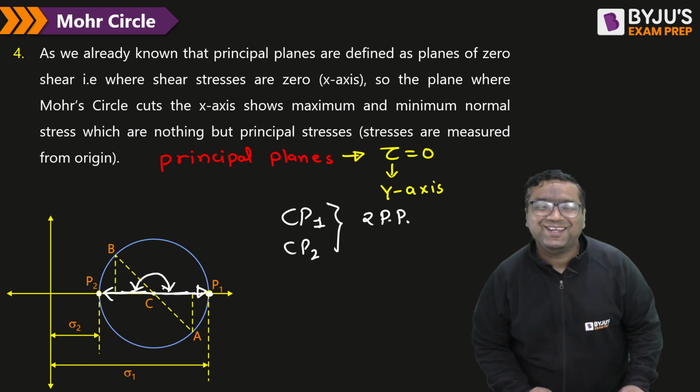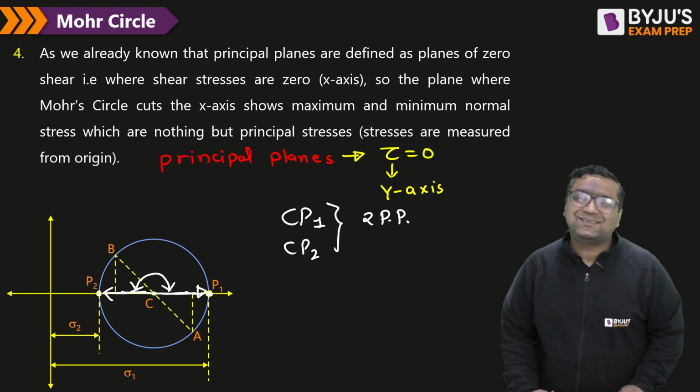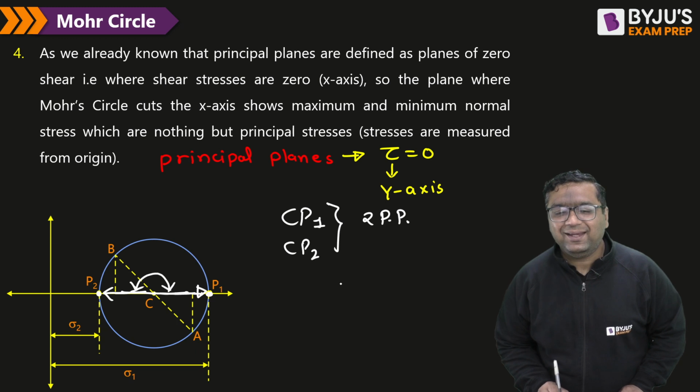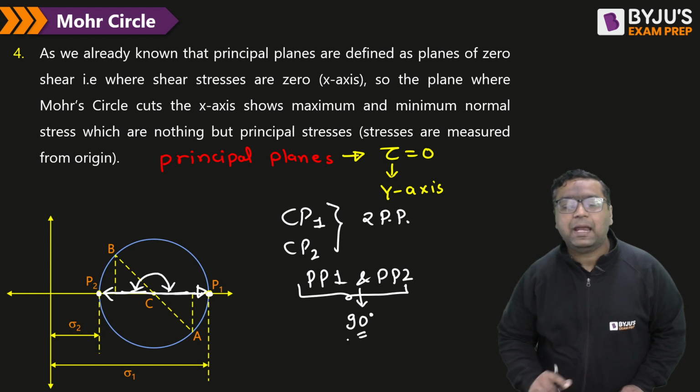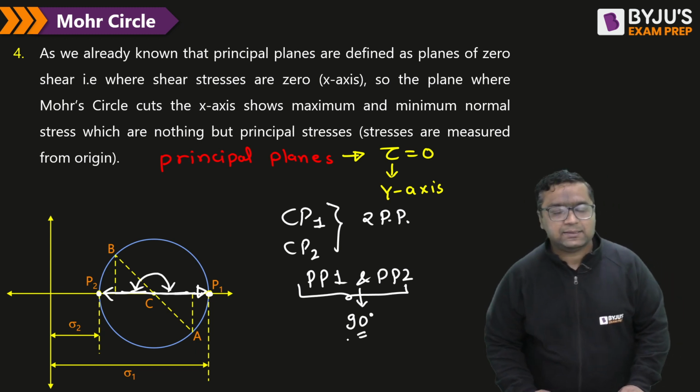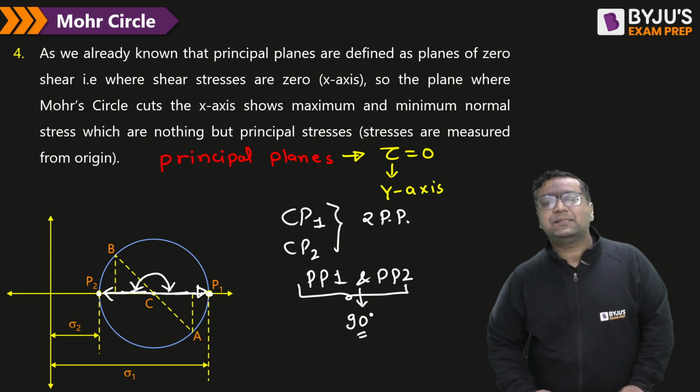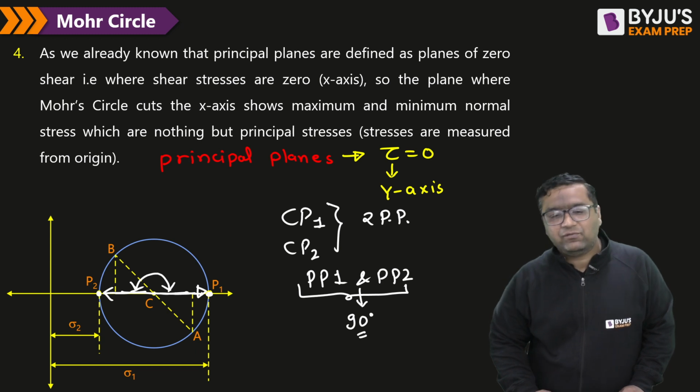But you already know Mohr circle doubles the angle. So in reality, principal plane 1 and principal plane 2 will be at an angle of 90 degrees.